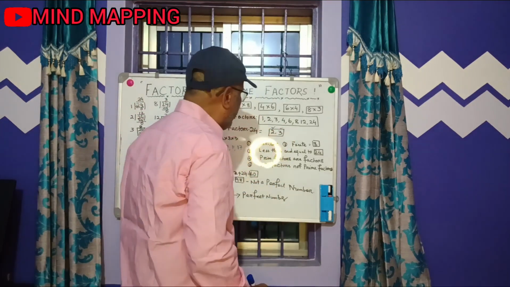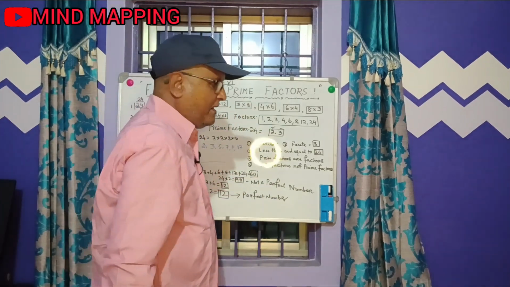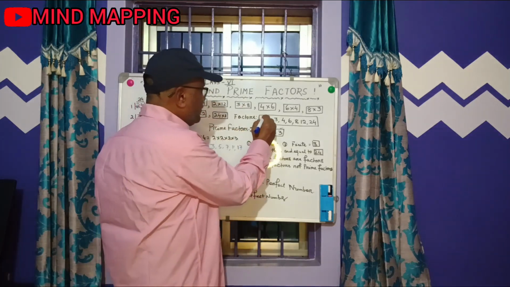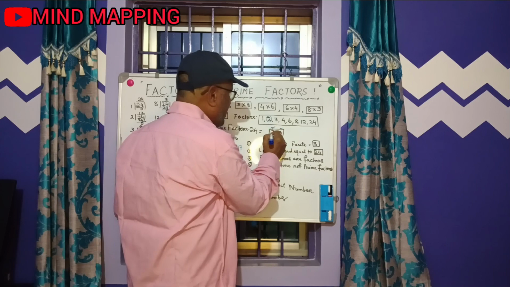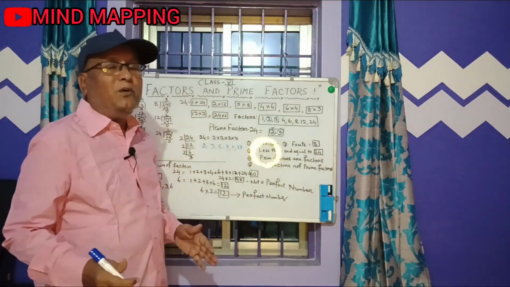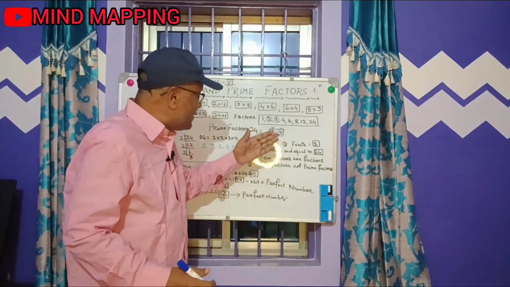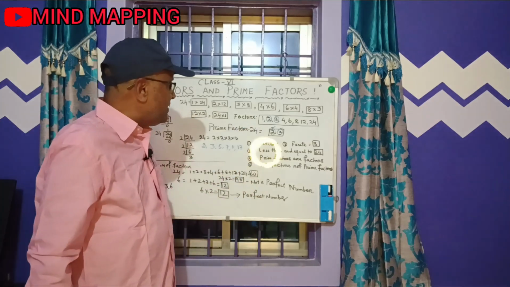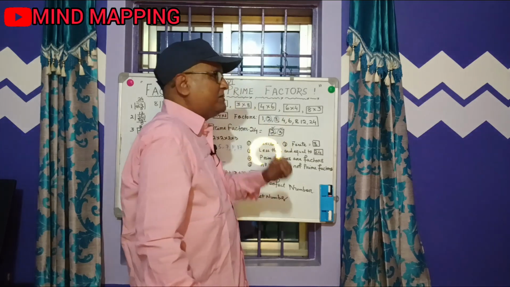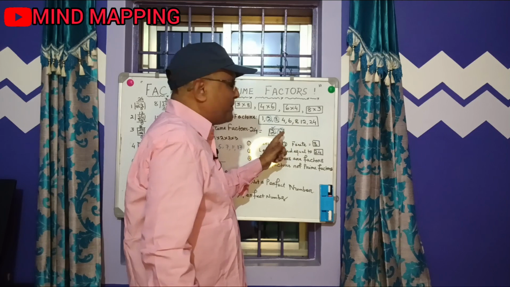Now let us compare the factors and prime factors of 24. You see in the factors and prime factors, here 2 and here 2, here 3 and here 3. What is our observation? All prime factors are factors of 24, but all factors are not prime factors.